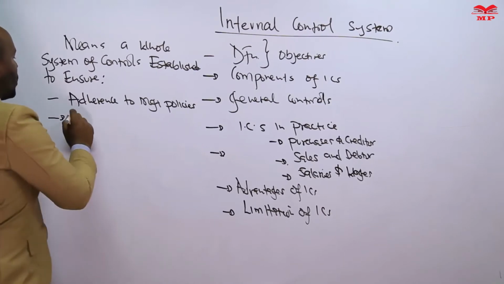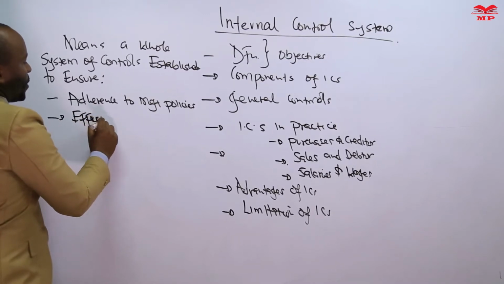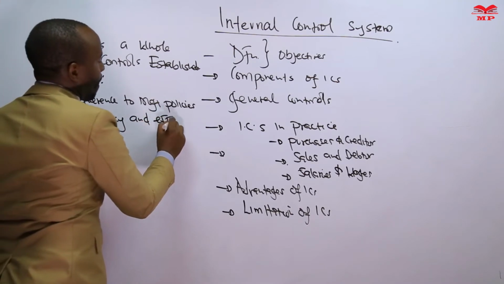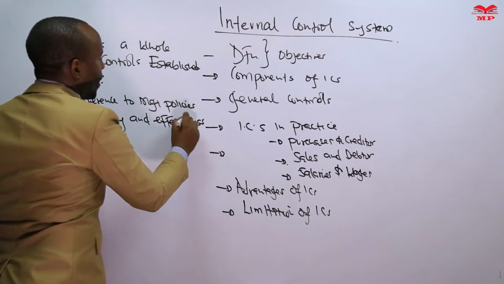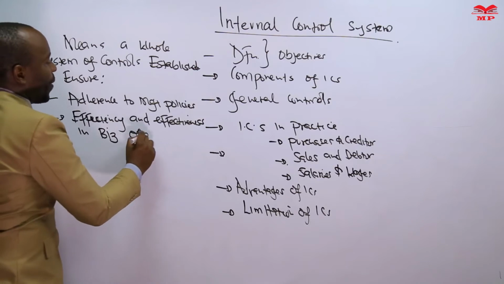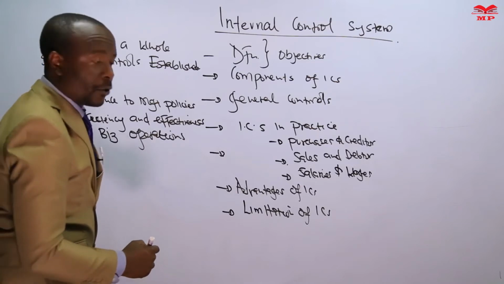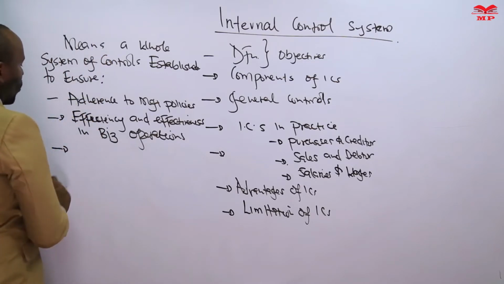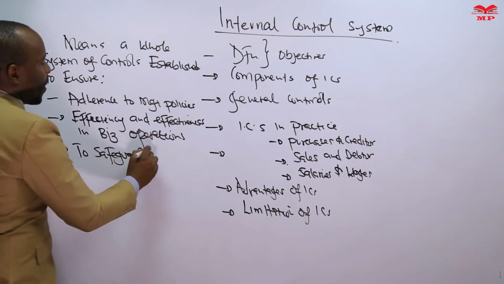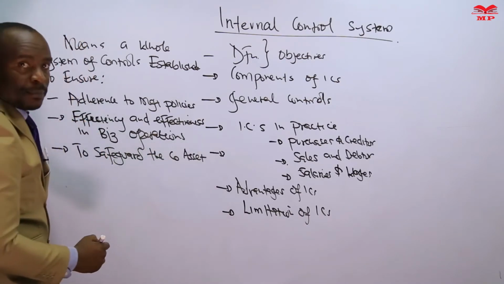Number two, ensure there is efficiency and effectiveness in business operations. That is another objective, but it's still part of the definition. And then we have, to safeguard the company's assets. That is part of the objective, still part of the definition.